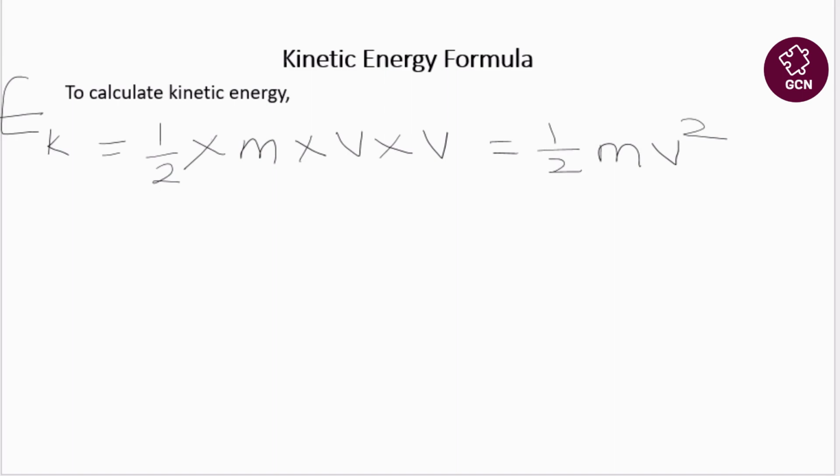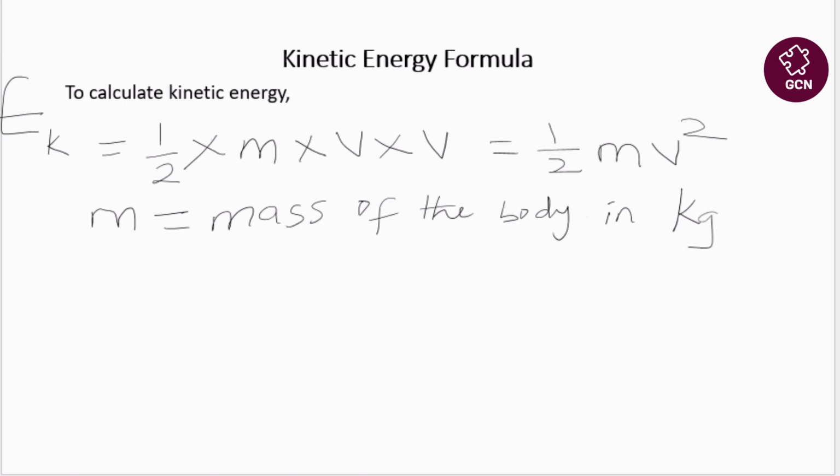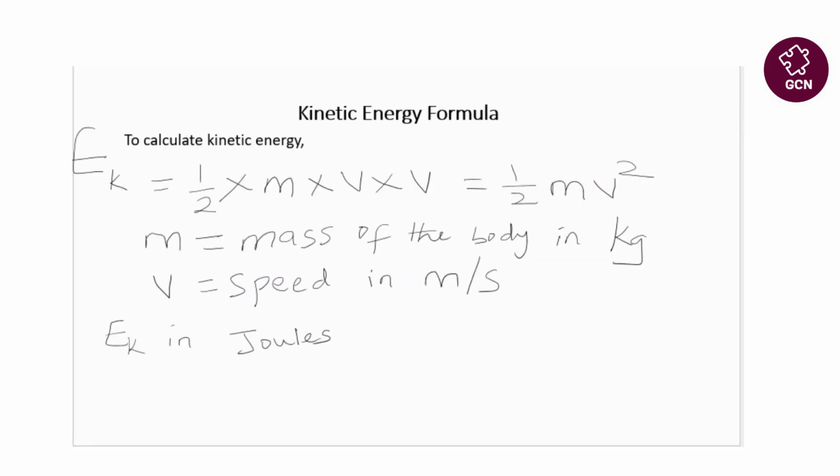So this is the formula for calculating the kinetic energy, where m is the mass of the body or the object, and usually is measured in kg, in kilogram. So take note, when you are given your mass in gram, you need to change it to kilogram. And then v is the speed of the body. It's usually measured in meter per second. This is the basic formula that we will be working with.